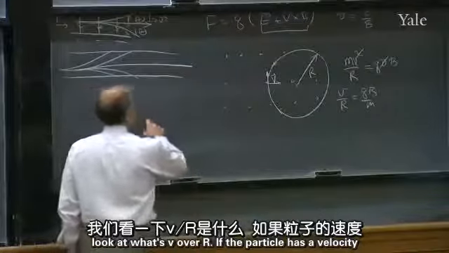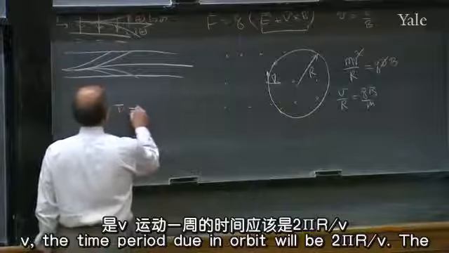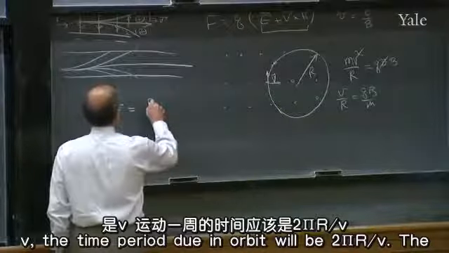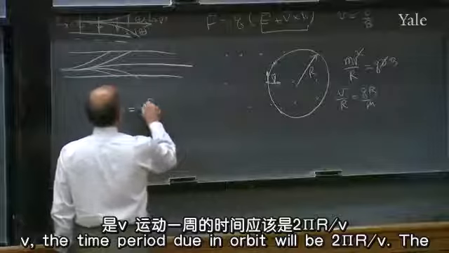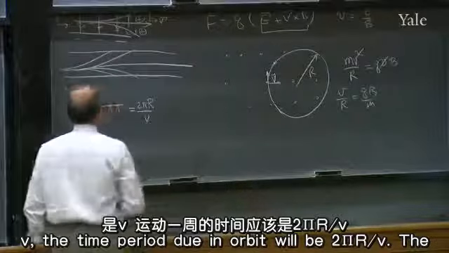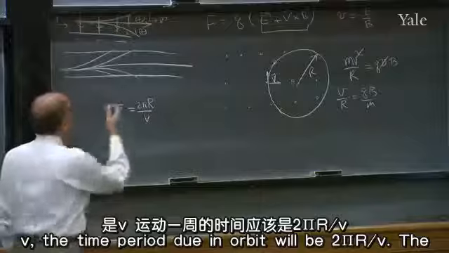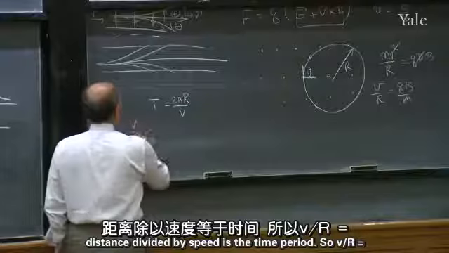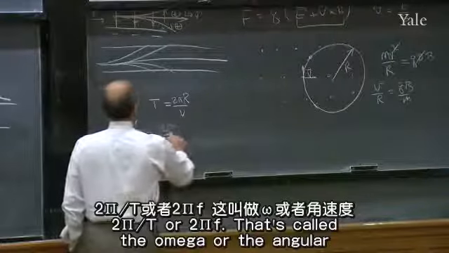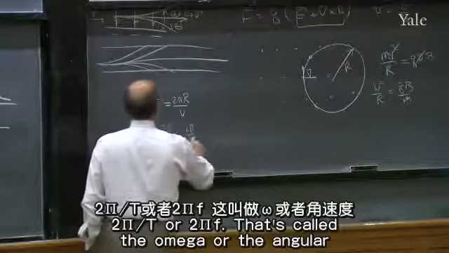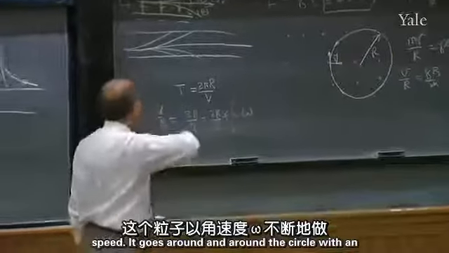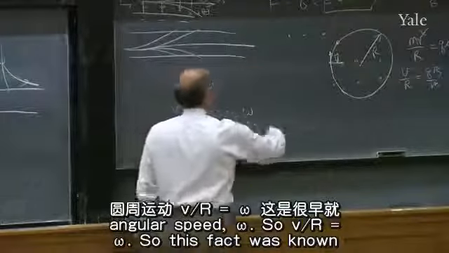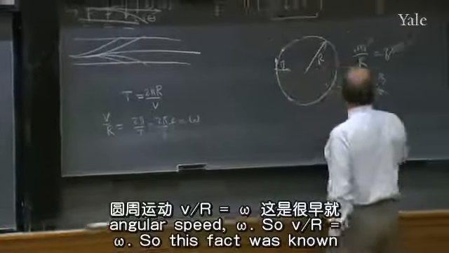If the particle has a velocity v, the time period to do an orbit will be 2 pi r divided by v. Right? The distance divided by speed is the time period. So v over r is equal to 2 pi over T, or 2 pi times f. That's called omega, the angular speed. It goes round and round the circle with an angular speed omega. So v over r is actually omega.